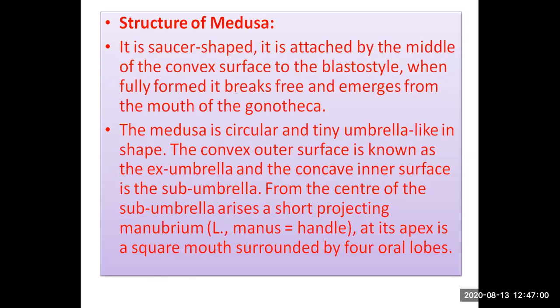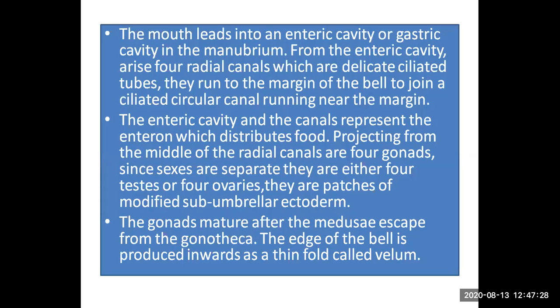The convex outer surface is known as the exumbrella and the concave inner surface is the sub-umbrella. From the center of the sub-umbrella arises a short projecting manubrium. At its apex is a square mouth surrounded by four oral lobes.